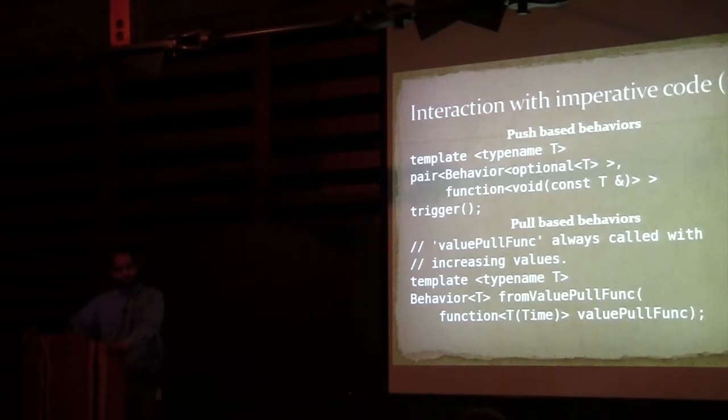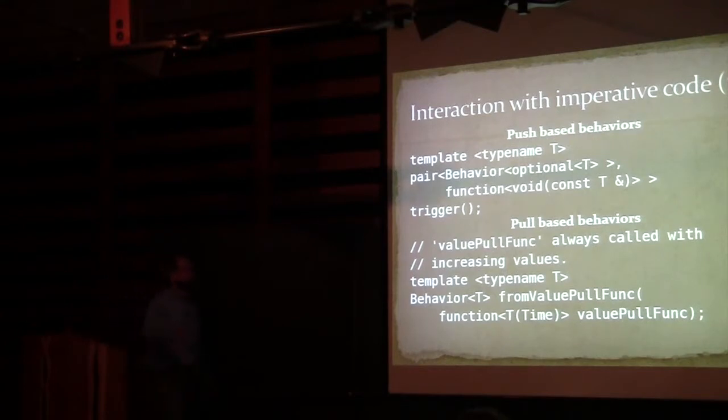So you can ask the behavior optional t for any time t, and the optional will only be returned true if you happen to hit the time t that a trigger was called for. So when you call the trigger function, it records the current time of value t, and if you ask the behavior for that time, you will get that t in the option. Great. Thanks a lot. Good answer.